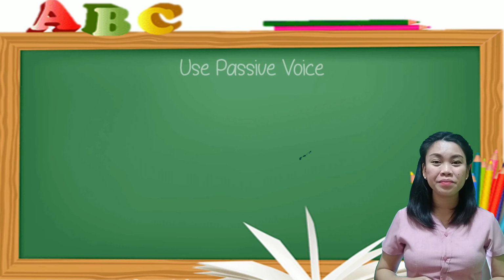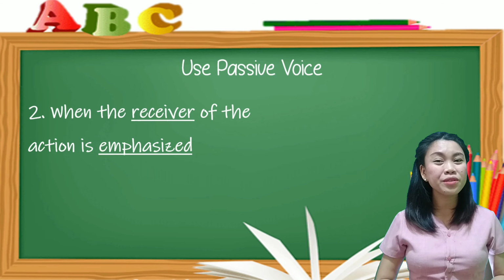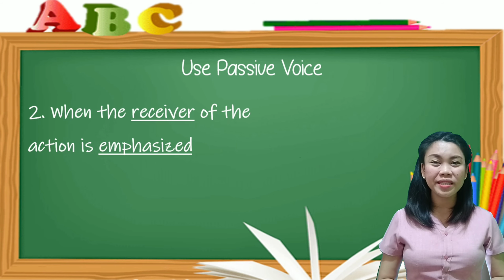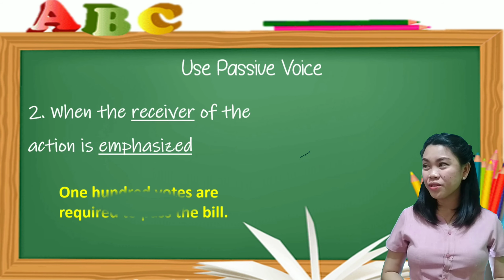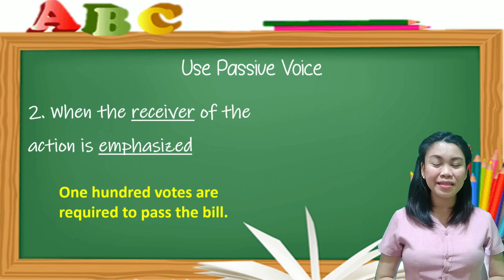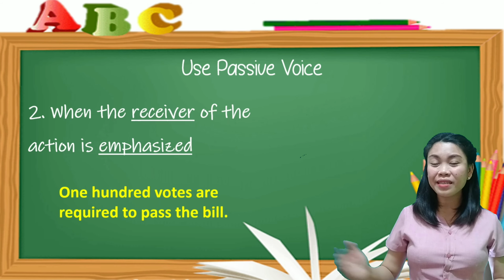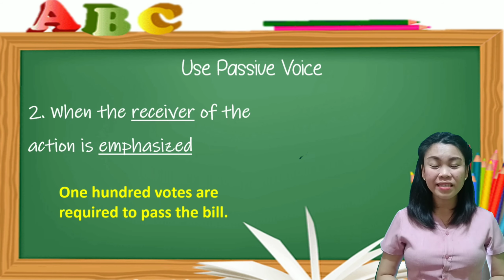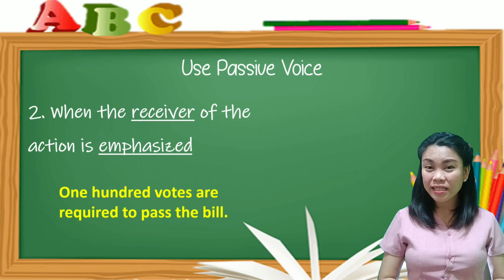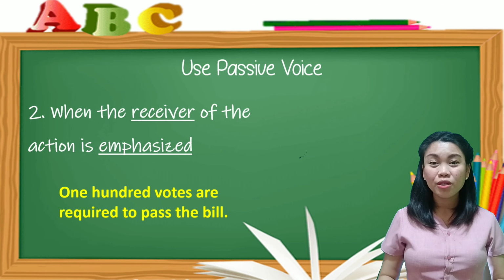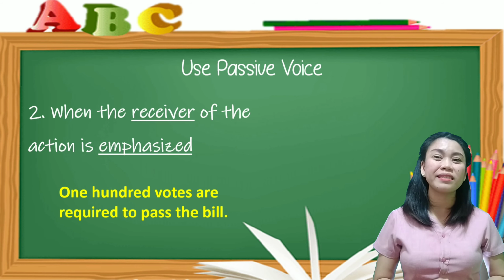Number two, we use passive voice when the receiver of the action is emphasized. Example, 100 votes are required to pass the bill. In this example, we want to emphasize 100 votes and not who requires it.